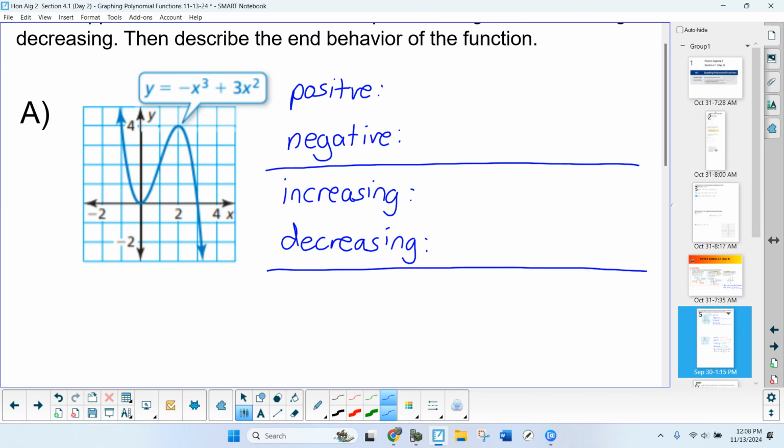So you have to be careful on the positive. The positive is kind of tricky on this one. Because where is the graph positive? Well, you guys are like, well, it's positive where it's above the x-axis, right? But be careful. What is it right here? It's 0. Do you guys see that?